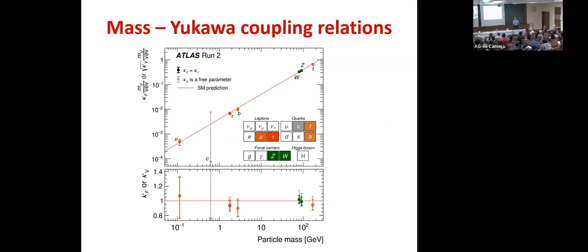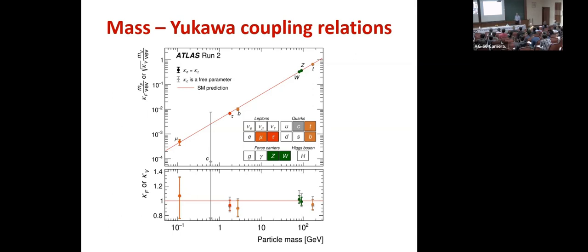Remember, this measurement is completely independent of the b mass. I just have a Higgs produced that goes to b b-bar, and that tells me the coupling of Higgs to b b-bar. That coupling, kappa F, is plotted on the y-axis.